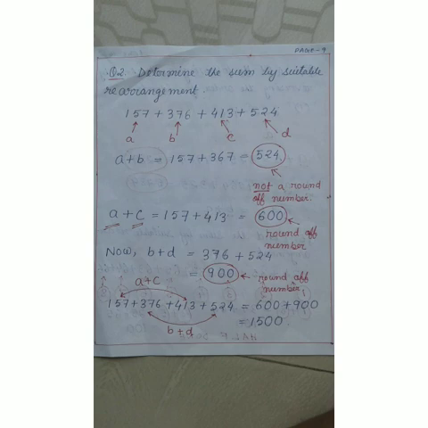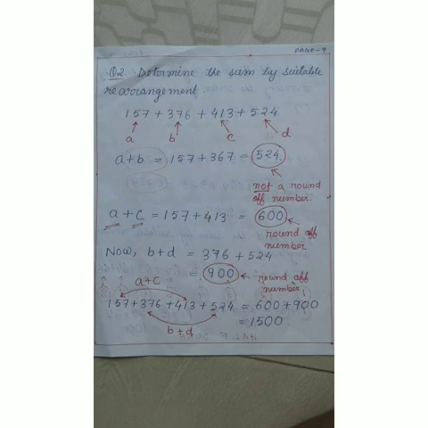So let us check, if I add A plus B, is it a round off number? No, because if I add 157 and 367, I get 524, which is not a round off number.